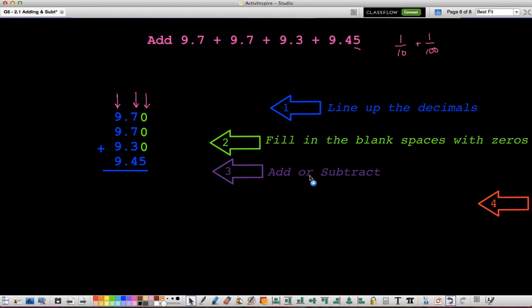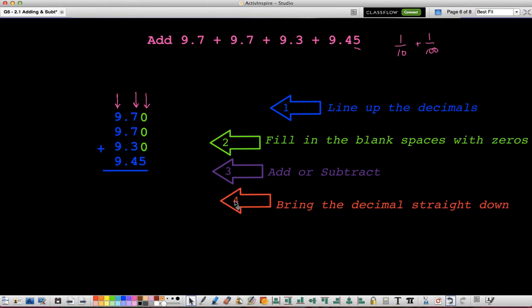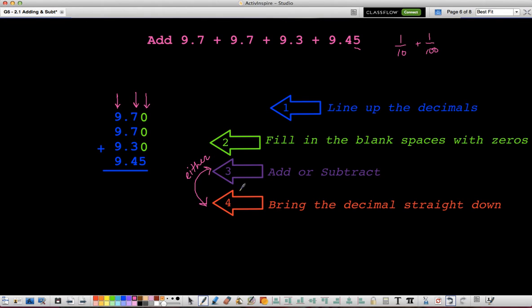Now here's the thing, you can add or subtract first and then do step 4, which is bring the decimal straight down, or you can bring the decimal straight down and then add and subtract. So 3 and 4 are actually interchangeable. So you can do either of them first, and second.